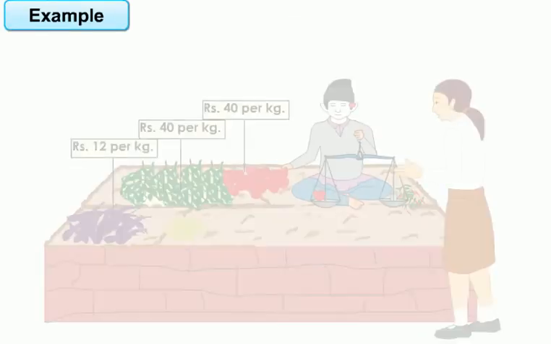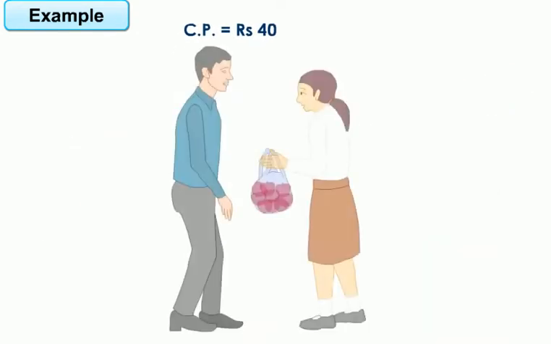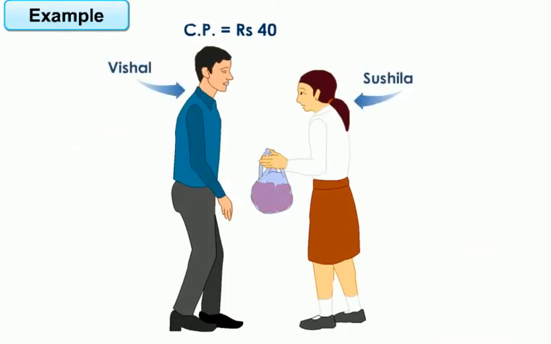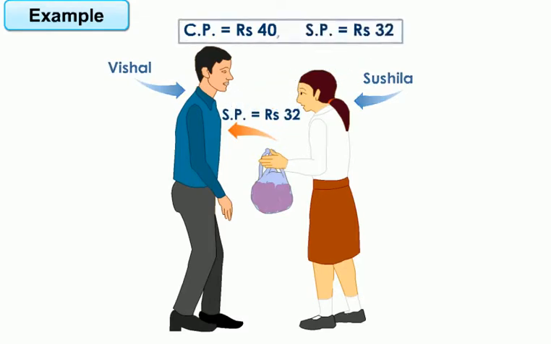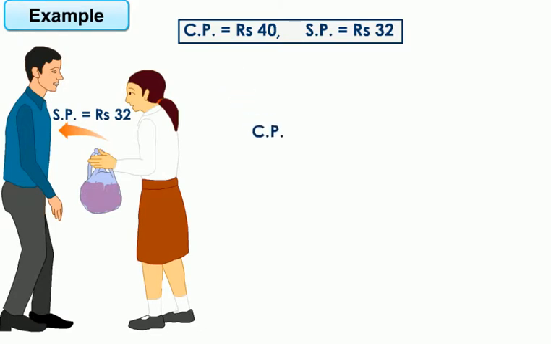The second example says, Sushila bought 1 kg apples for ₹40 and sold it to Vishal for ₹32. Students, here the cost price of the apples is greater than the selling price, and hence Sushila is in loss in her business.